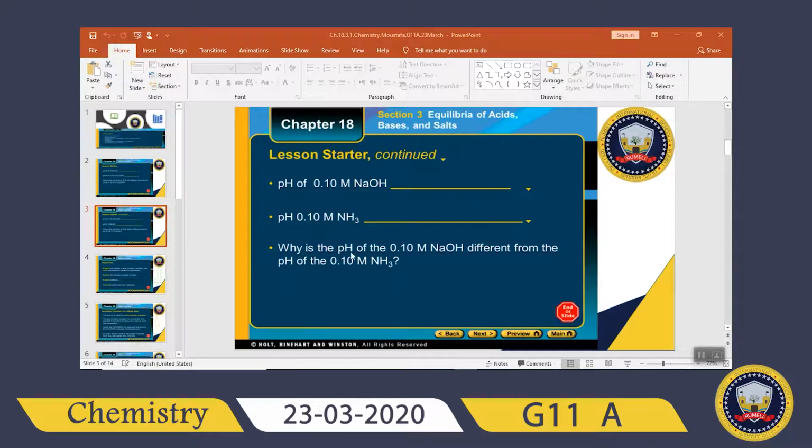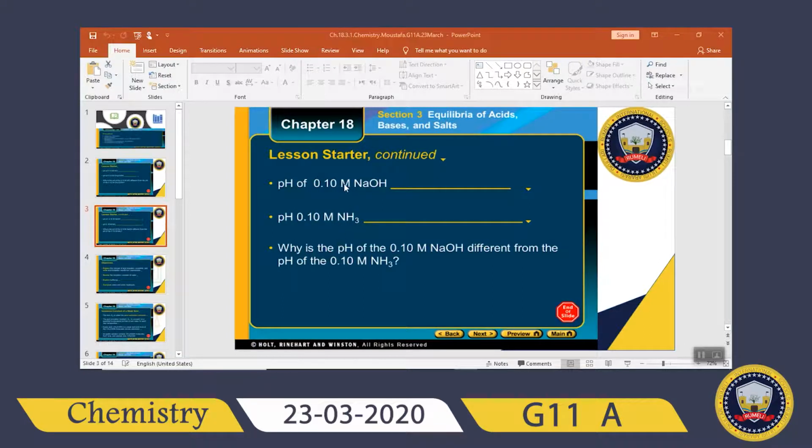In the same way, if we have a concentration of NaOH 0.1 molarity and a concentration of ammonia solution 0.1 molarity, so the same concentration, but NaOH as a strong base is completely ionized, but NH3 is a weak base, so it is not completely ionized.